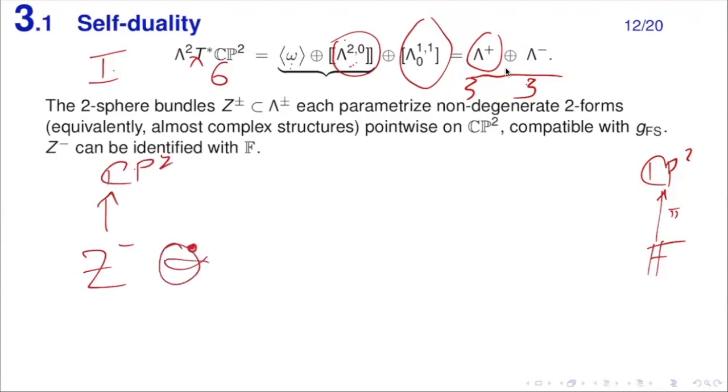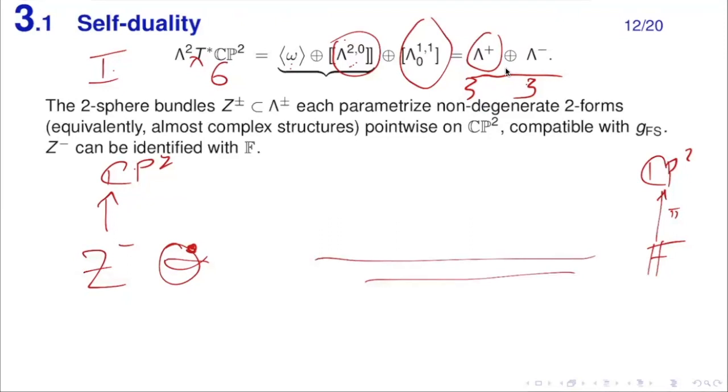Each point can be thought of as a unit anti-self dual 2 form, and that defines an almost complex structure on CP2. And of course, we know that in this case, Z minus is the same thing as the flag manifold.